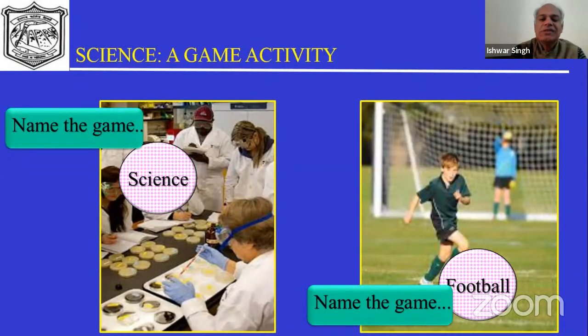So with this slide, I am going to find out some similarities between any game and the activity which we call science. If you talk about football or cricket, ultimately a game always has some ultimate aim.